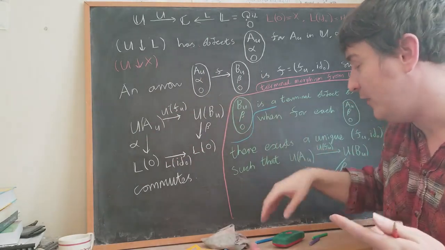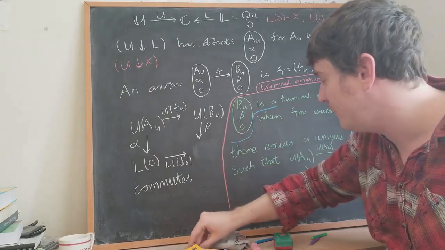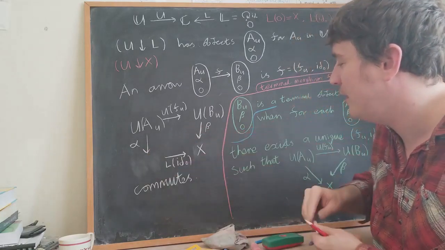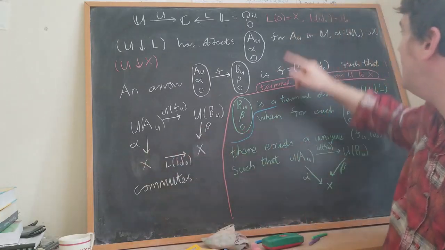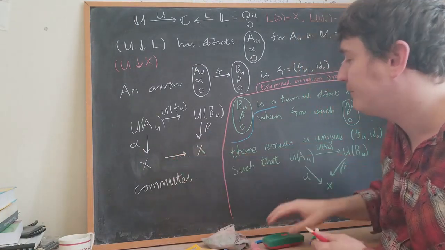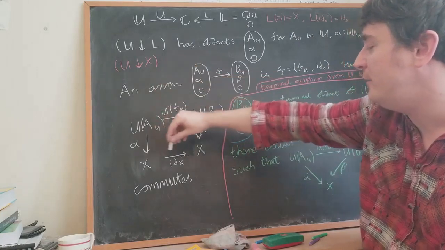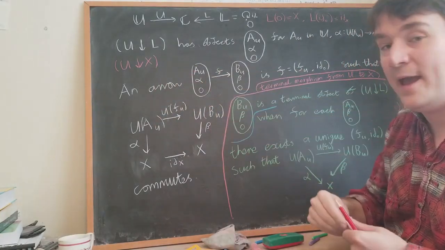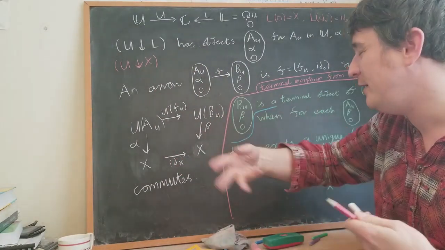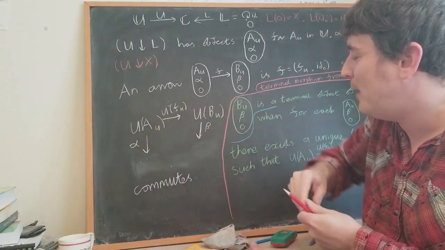But we can simplify this, because we know things. We know that L of 0 is X. We know that L of id_0 is id_X. So we require that this square commutes. But why are we bothering to put an identity here? Identity arrows don't do anything with composition, so we might as well just collapse these two bottom parts of the square together.